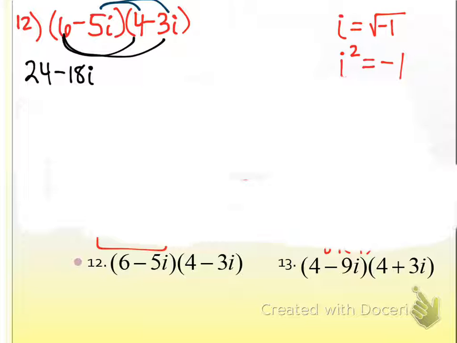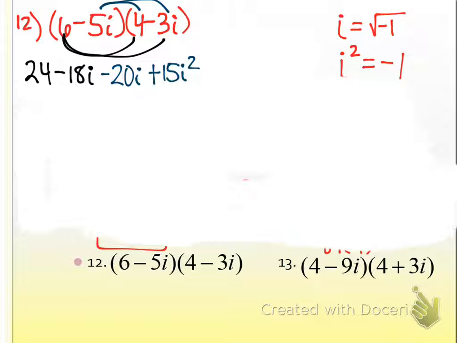So negative 5i times 4, negative 20i, and then negative 5i times negative 3i. Very good, positive 15i squared. Do we have questions about the double distributing part?